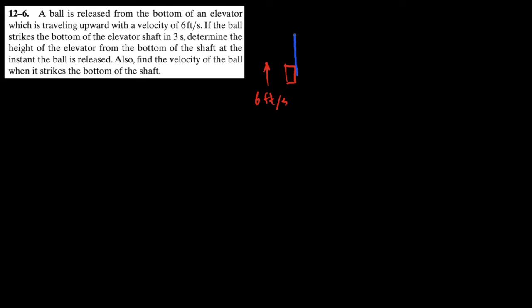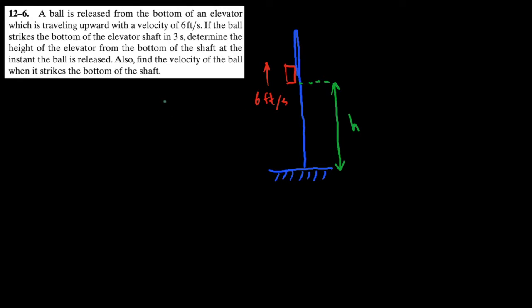It goes up, up, up, and once it reaches the top, it goes down, down, and reaches the bottom of the elevator shaft, which we will show as the ground. And let's show this height with this h.